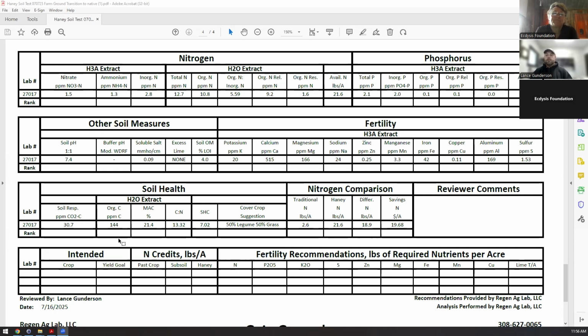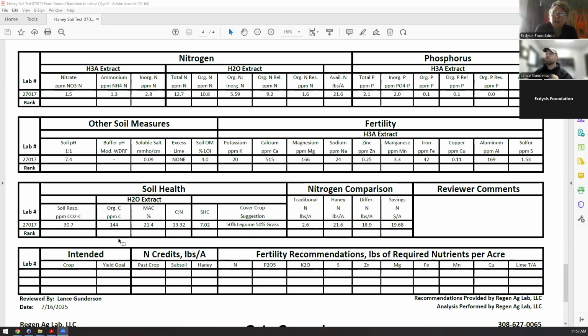The respiration, though, was 200%. MAC was 20%, 21%. But that's okay in that scenario. I don't know what they were doing to get their water soluble carbon number that high, but we do see that from time to time.